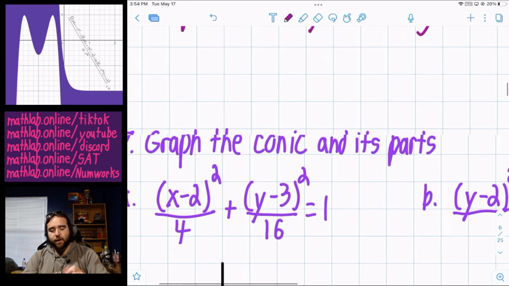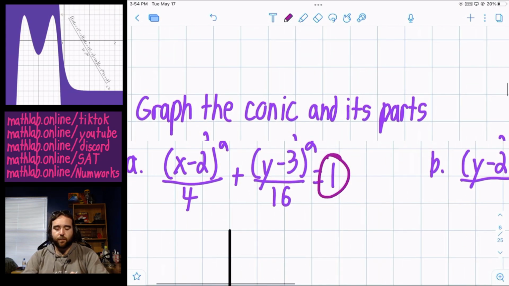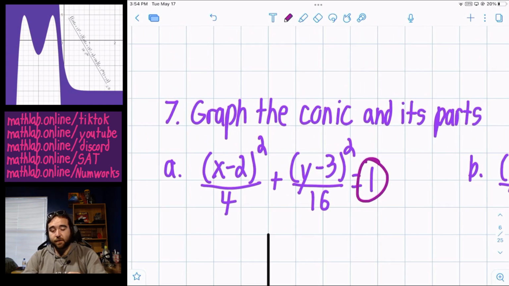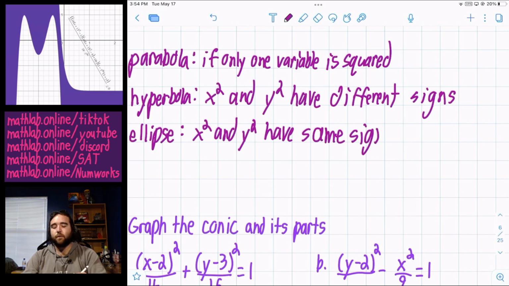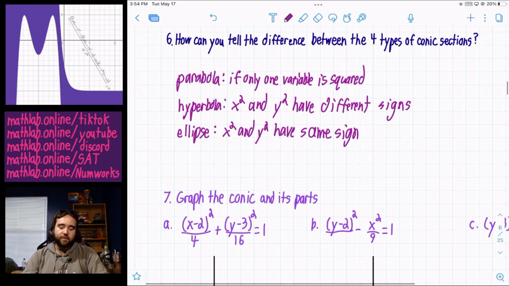If this is a positive 1, then they both have to be positive. But if that was a negative 1, then they should both be negative. So it's not necessarily important if you're just looking at the equation and trying to determine it. You don't need them to both be positive. You just need them to have the same sign, either both positive or both negative. When we're ready to graph it, they both have to be positive.